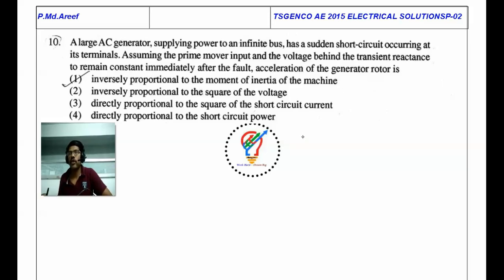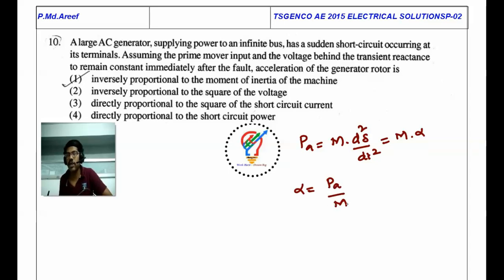Normally the accelerating power Pa is equal to M d square delta by dt square, which is moment of inertia into acceleration. So acceleration alpha is equal to accelerating power Pa divided by M. The acceleration of the generator is inversely proportional to the inertia of the machine. So the answer is 1.